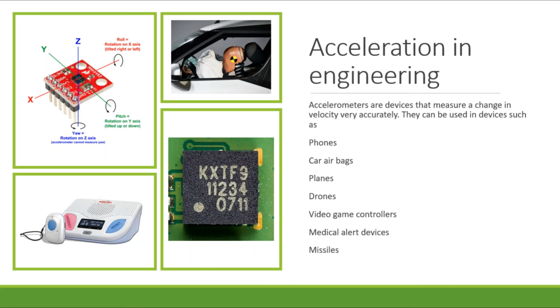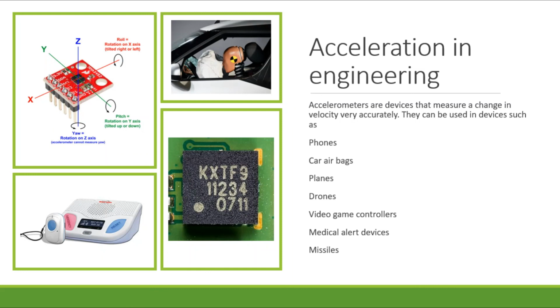Okay, so this slide got removed for some reason, so I thought I would just talk over it now really quickly. Just the importance of accelerometers. Tying what we've been talking about with regards to motion and acceleration to actual engineering devices, accelerometers are devices that are used to measure change in velocity very accurately.